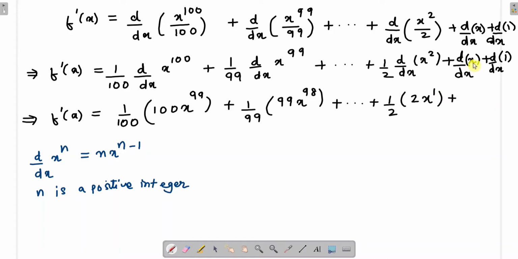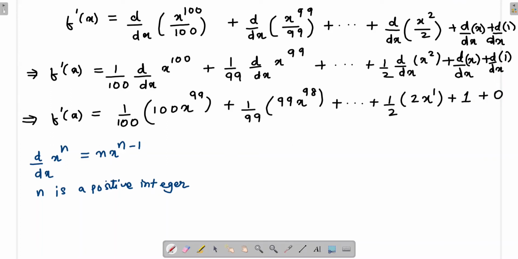This derivative of x you can also write by the formula, but you better remember this derivative, the derivative of x, so that is 1. Okay, you have to remember this, the derivative of x is always 1, plus the derivative of a constant 1 is 0.